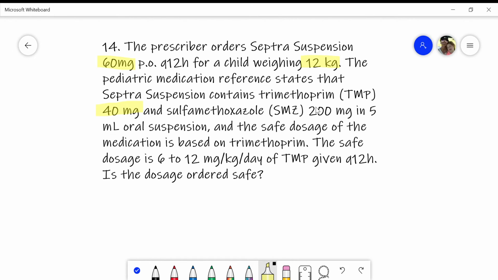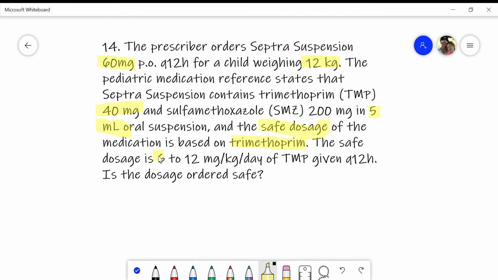So we'll highlight just what that dosage or availability is. And the safe dosage is based on the trimethoprim. So we don't need to know that. We just need to know that there's 40 milligrams in 5 milliliters.